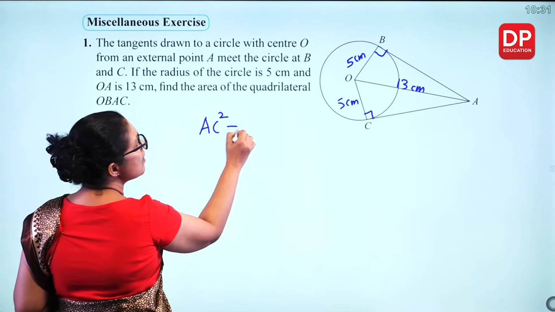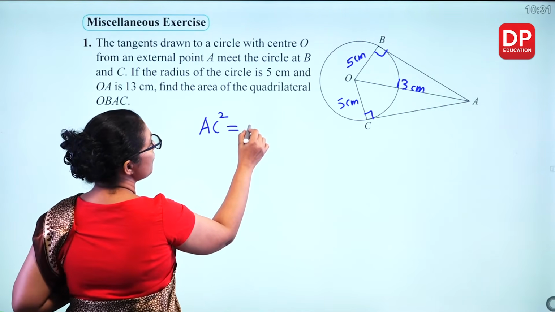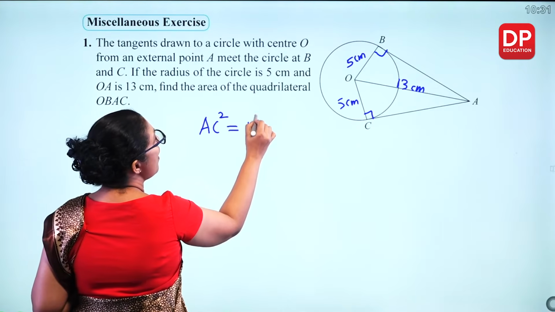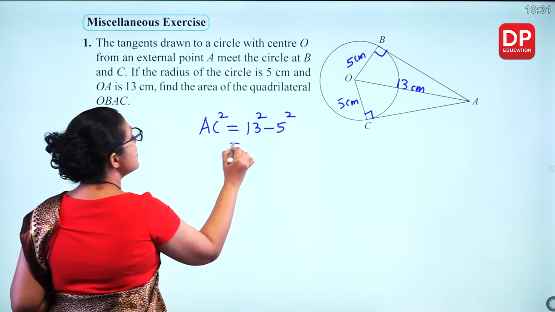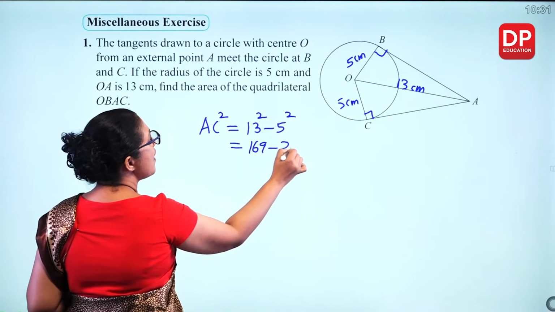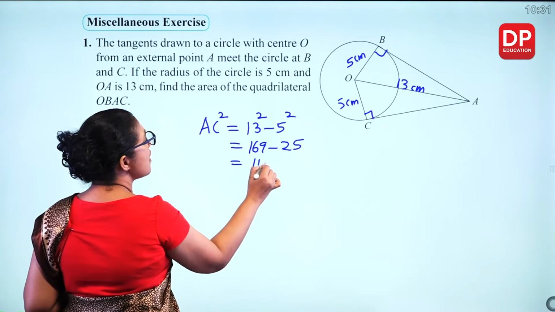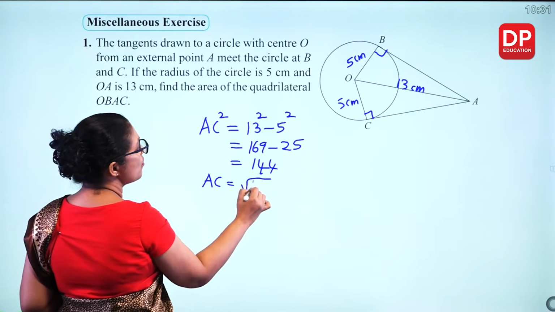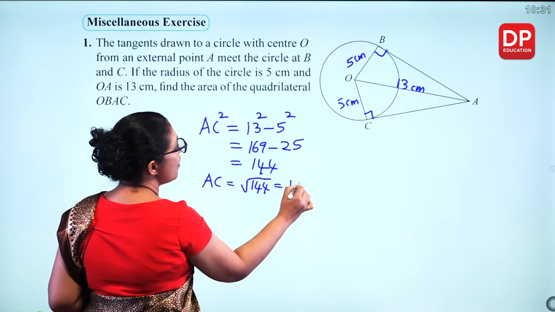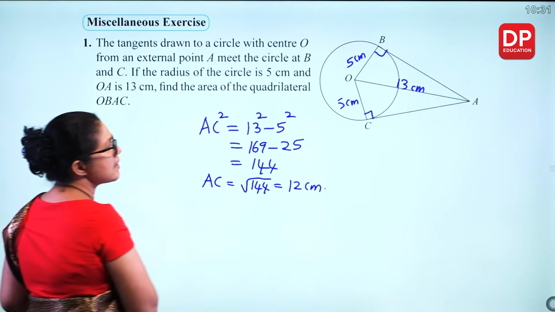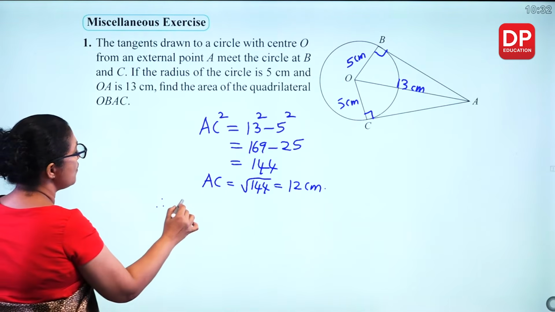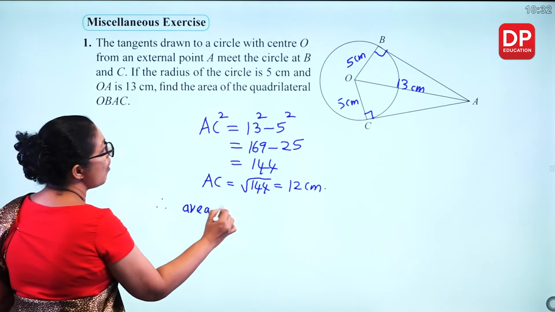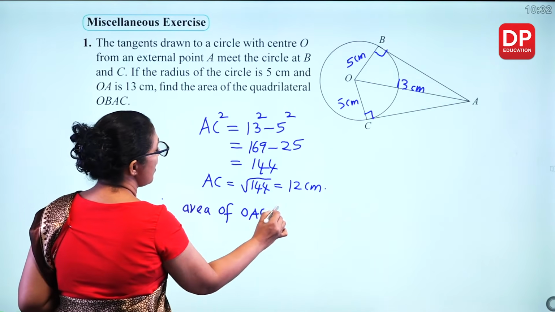AC squared is equal to 13 squared minus 5 squared. 13 squared is 169, 5 squared is 25. When you subtract, you get 144. AC is square root of 144. That's 12 centimeters.